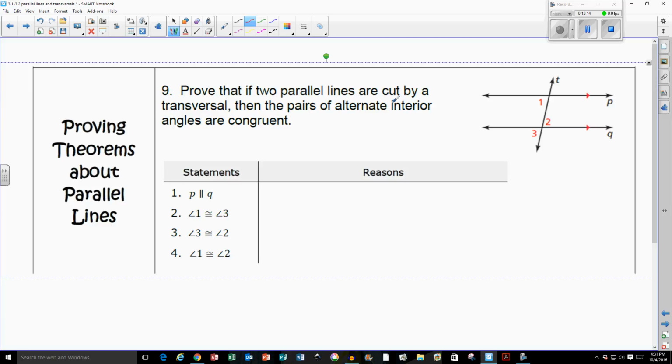Prove that if two parallel lines are cut by a transversal, then the pairs of alternate interior angles are congruent. So P is parallel to Q is given. 1 is congruent to 3 because they're corresponding angles. 3 is congruent to 2 because they're vertical angles.